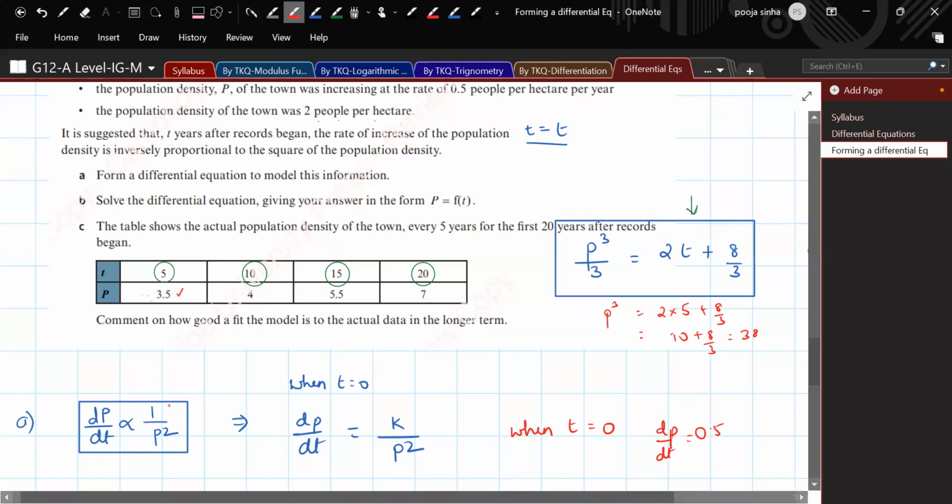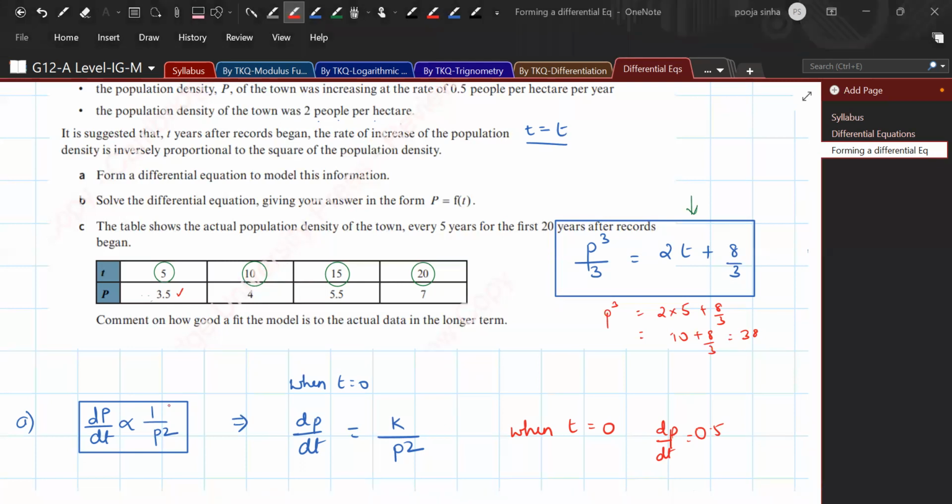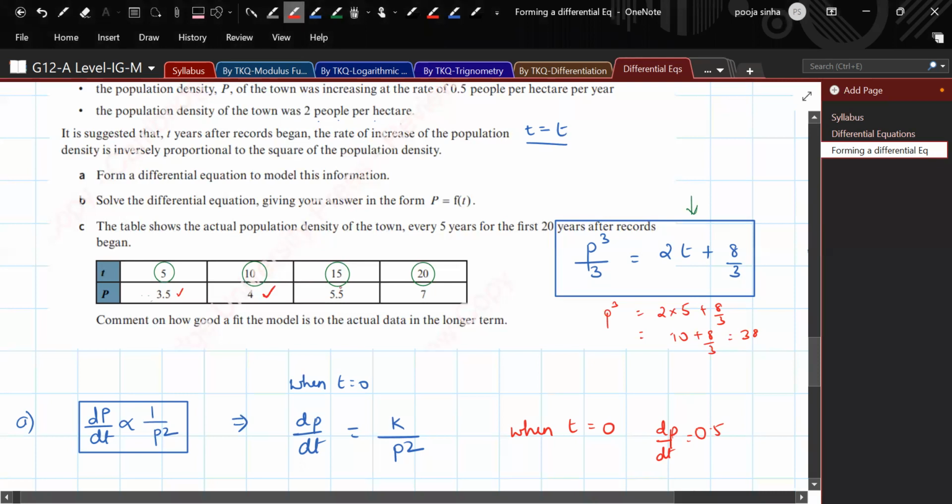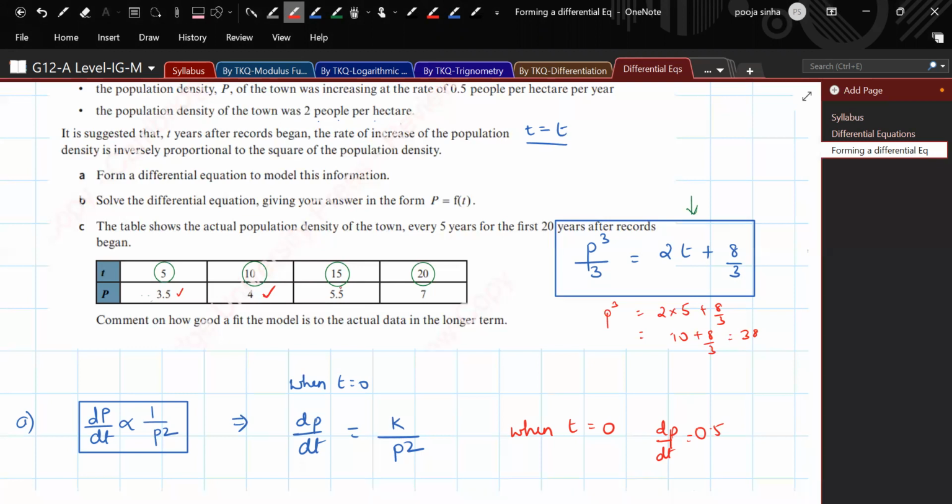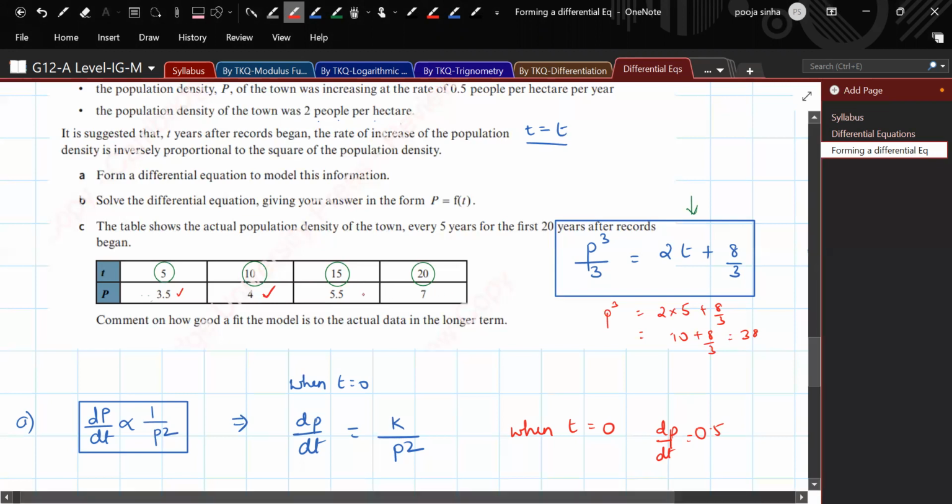It's 2.0. 4.0 is also approximately the same. Then 15. 4.6. 4.6, from here the difference starts to be created.